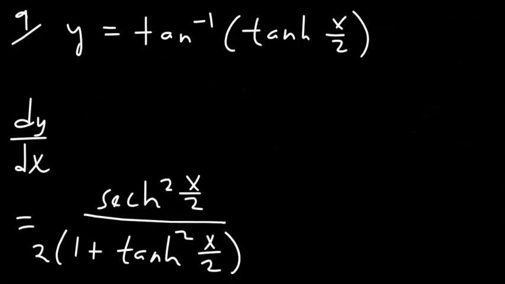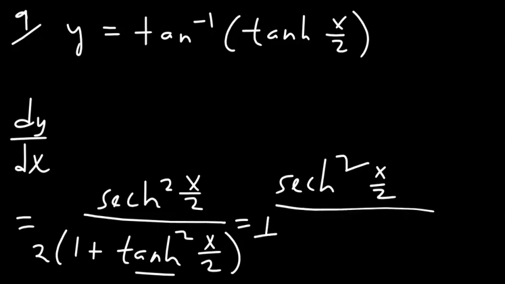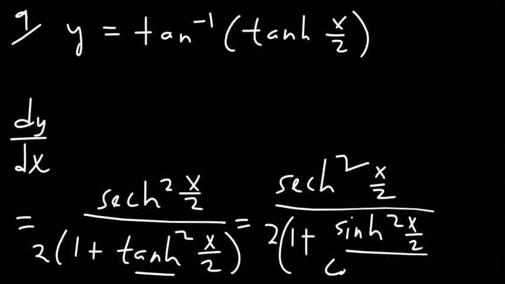Now let's substitute hyperbolic tangent in terms of the ratio of hyperbolic sine and hyperbolic cosine. So that's going to be hyperbolic secant x over 2 squared over 2 times 1 plus hyperbolic sine x over 2 squared over hyperbolic cosine x over 2 squared. So let's make the denominator of this term the same.